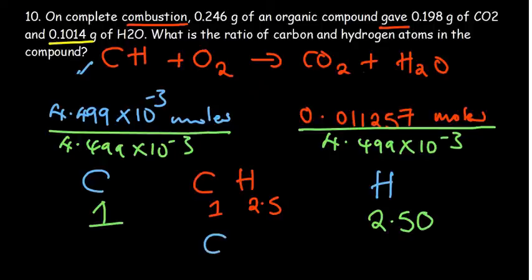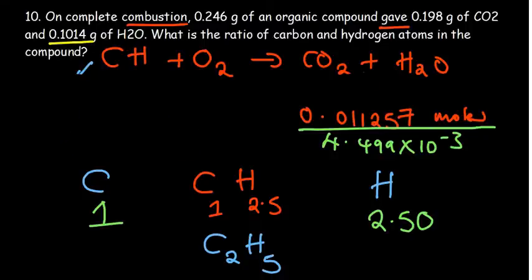So multiply by 2 so that we have 2H giving us a 5. If you can't see that directly as well, there's 2 other ways. You can multiply by 10 if you want to. So the 1 will give you 10, the H will give you a 25, right? So 5 there is still 2, 5 there is still 5. So that's the ratio.